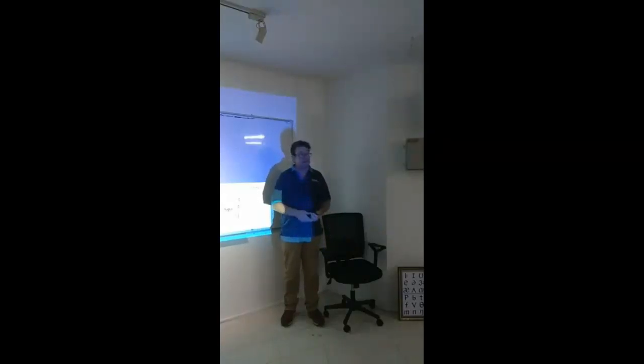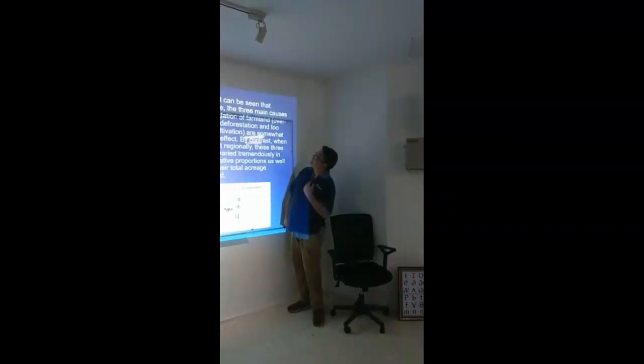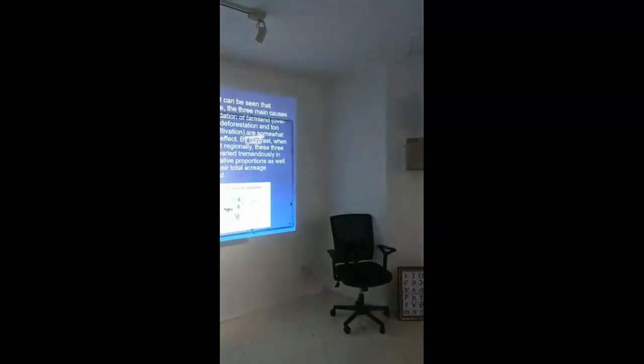Your overview is about the big picture. Here we could say, overall, it can be seen that worldwide, the three main causes of degradation of farmland, overgrazing, deforestation and too much cultivation, are somewhat equal in effect. By contrast, when looked at regionally, they vary tremendously in their relative proportions as well as their total acreage degraded.